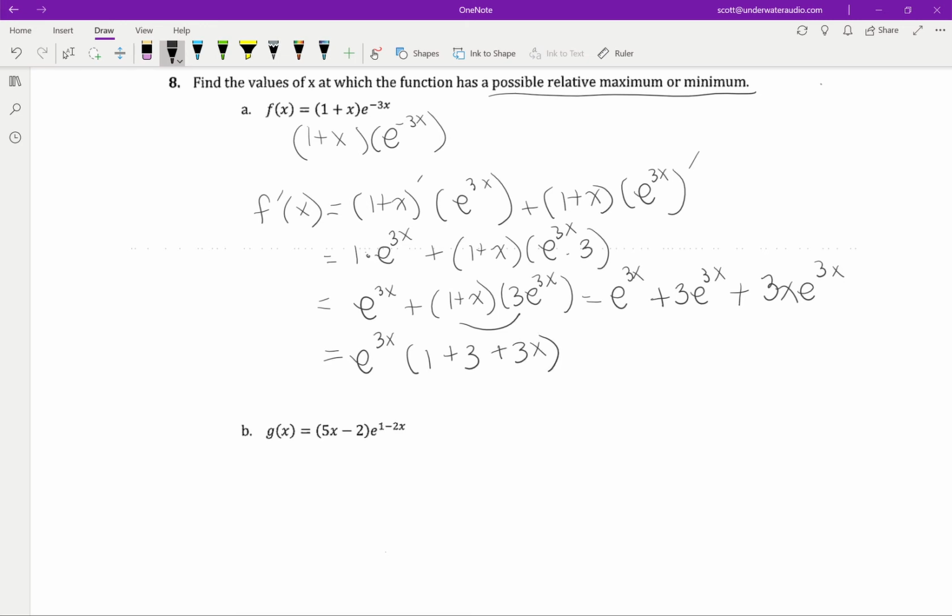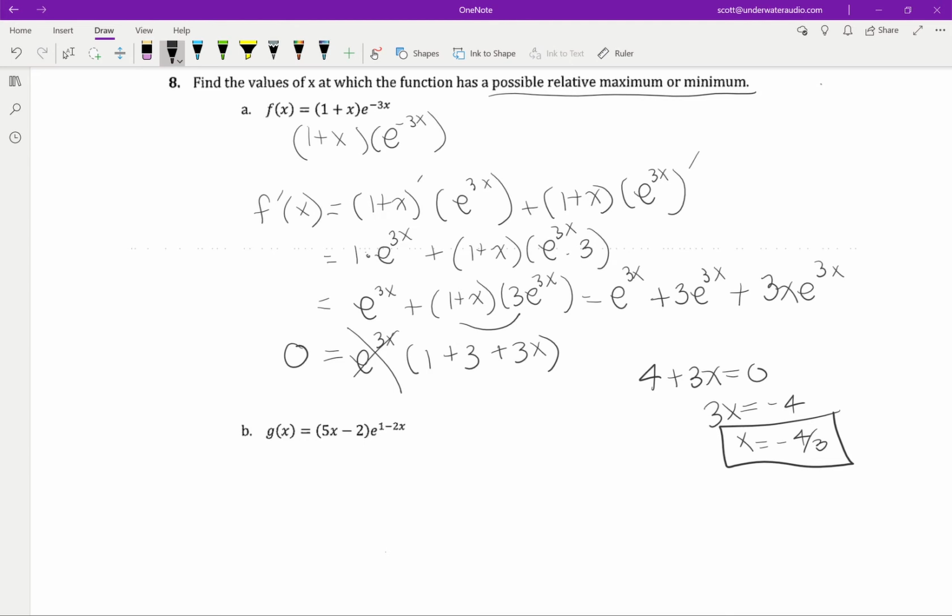Okay, and in the last video I mentioned that we're setting this equal to 0 because it's a critical point, but e to the 3x is never going to equal 0, so I can ignore that and just set the other part, 4 plus 3x, equal to 0. And that would be 3x is equal to negative 4, x equals negative 4/3. So that's my possible relative maximum or minimum.